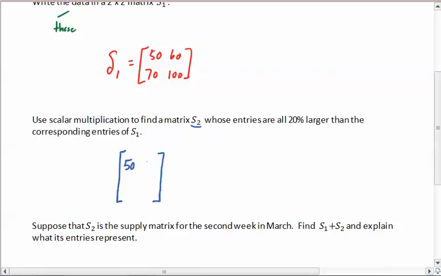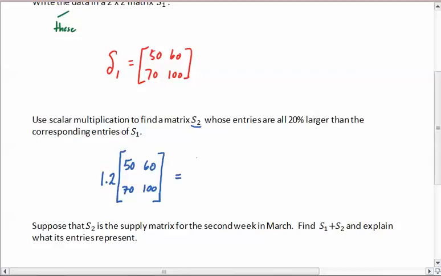You need to think back to your percent days. To add 20% to something in one step, you multiply by 1.2. The 1 gives us the original, the 0.2 adds the 20%, so we get the increase of 20% just by multiplying by 1.2.